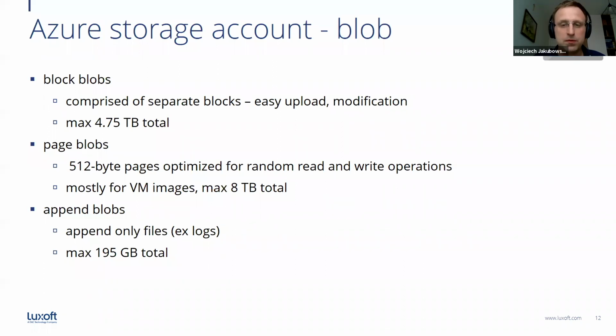There are also page blobs, which consist of 512 byte pages, memory pages, and they are optimized for random read and write operations. And their typical use case is storage for virtual machine images. And the maximum size of a page blob is around 8 terabytes.